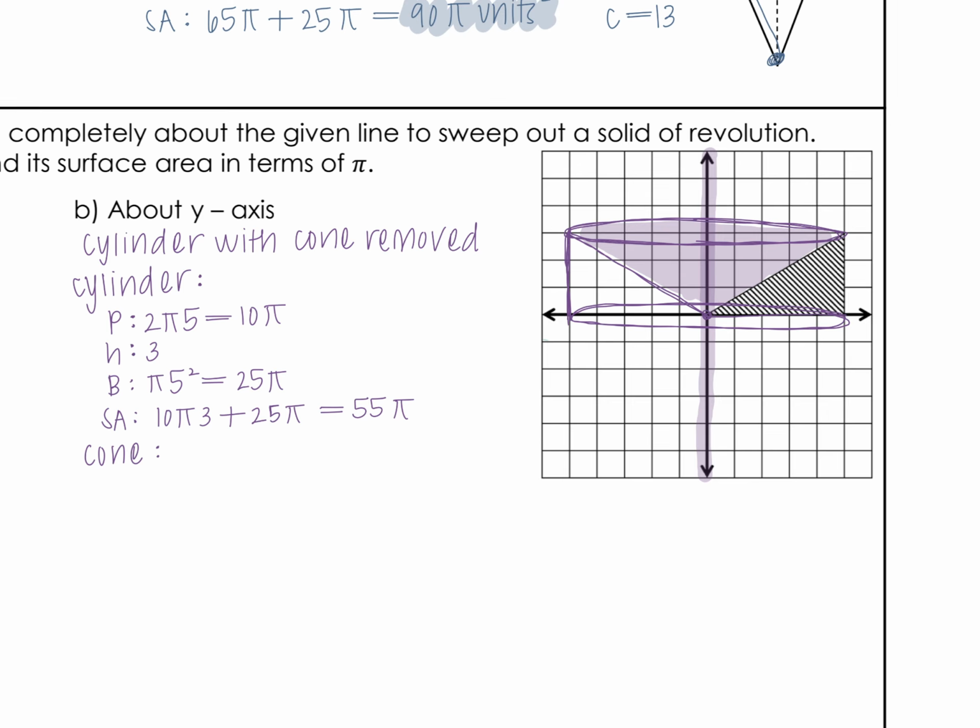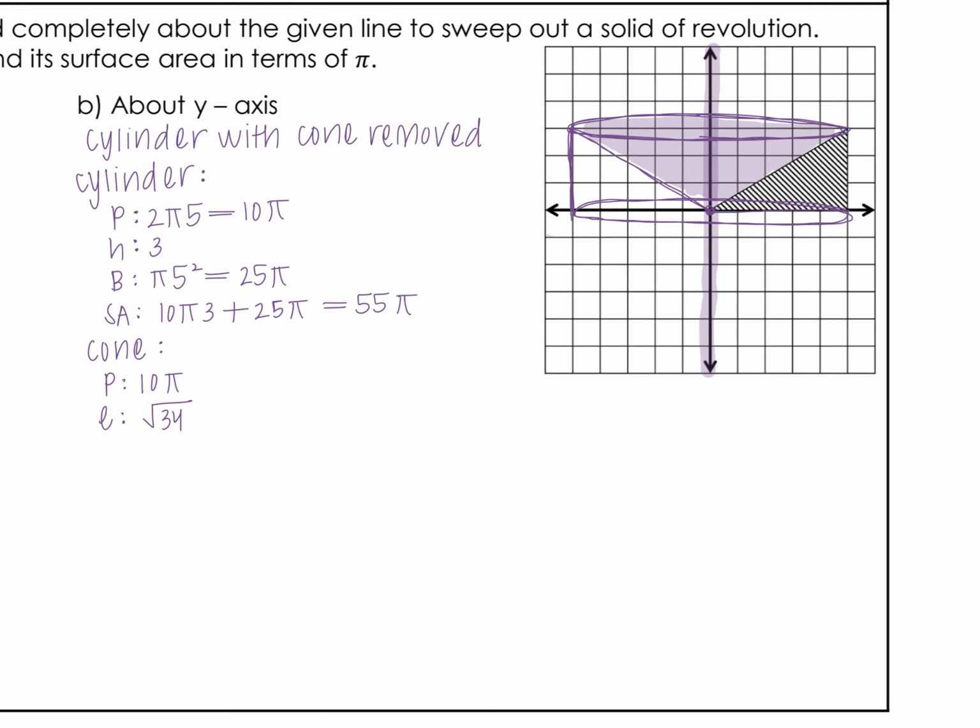So we're going to start with our P, which should be the same as the cylinder. So I'm just going to copy down my 10 pi here. Then we have our slant height that we're going to need, which I would like to mention is the slant height we already found in part A. So that's why I'm not redoing it. It is that same square root of 34.